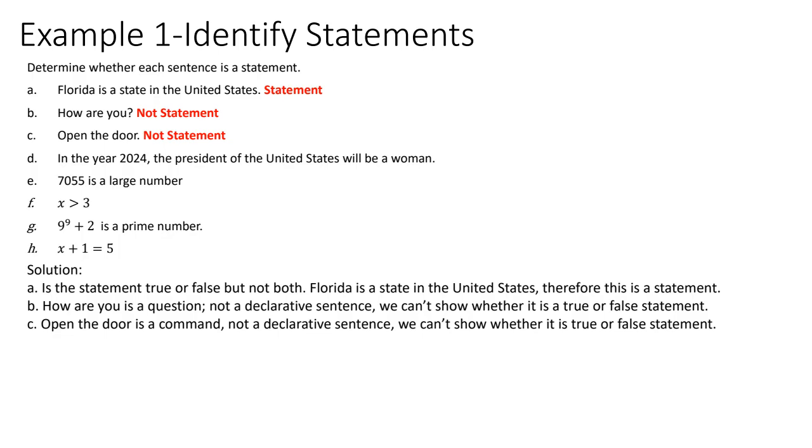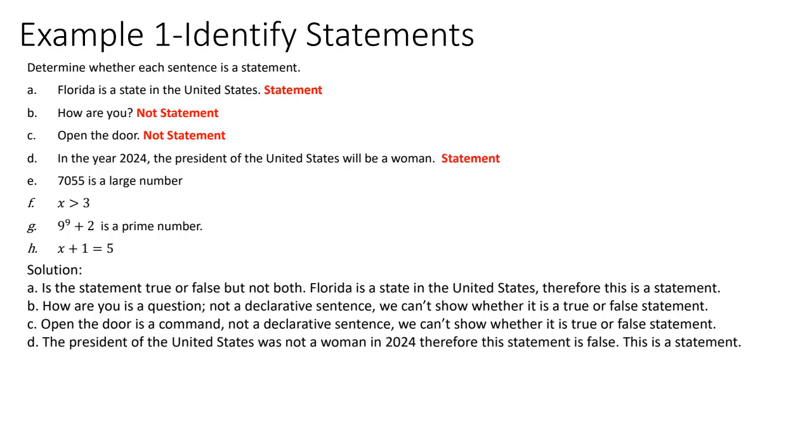It cannot be both. So the year in this question is not relevant. Even though at this point we can say that it is a false statement, even if it's a future year, the fact that it is uncertain, that it hasn't been determined, doesn't matter. All that matters is that when that time arrives, it will become true or false. So surprisingly, letter D is a statement, even if it's a future year.